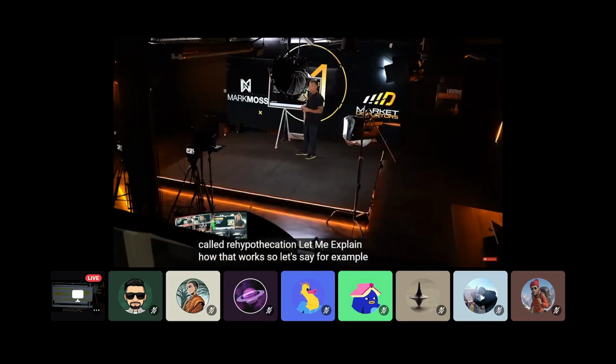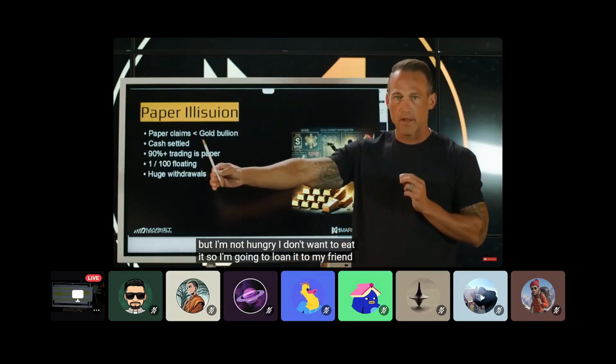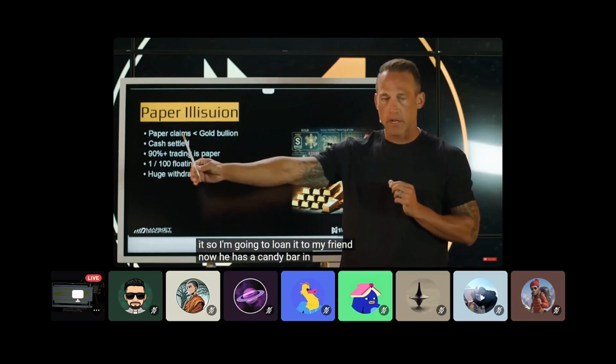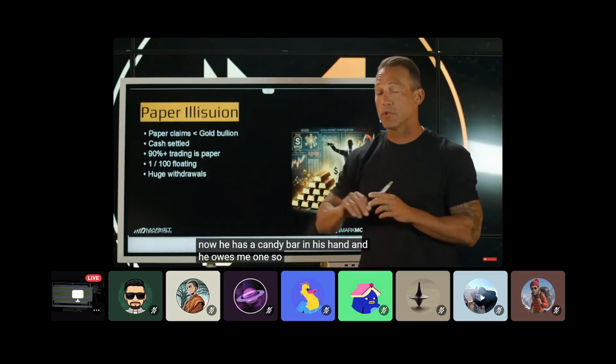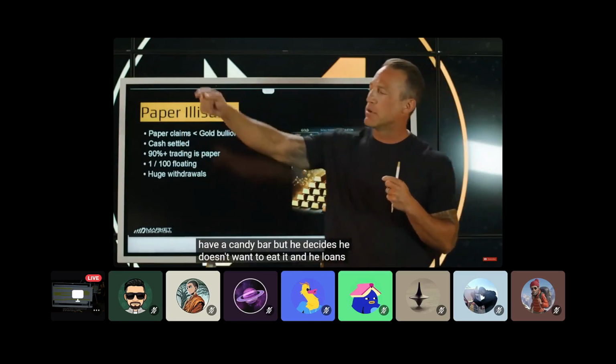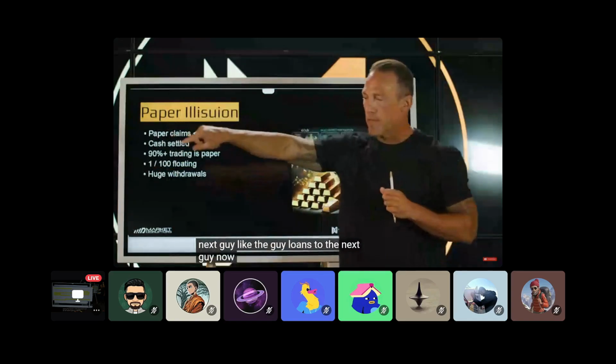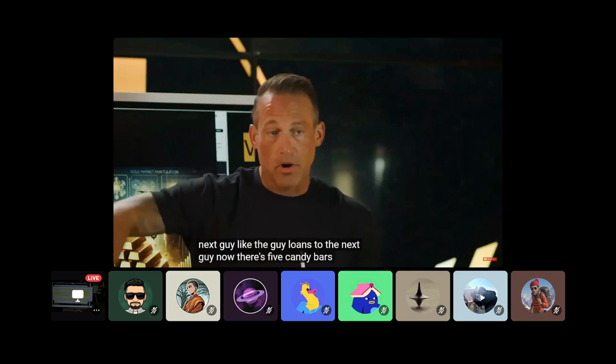So let's say, for example, for easy use cases, I have a candy bar, but I'm not hungry. I don't want to eat it, so I'm going to loan it to my friend. Now, he has a candy bar in his hand, and he owes me one. So on my books, I still have a candy bar. But he decides he doesn't want to eat it, and he loans it to the next guy. That guy loans it to the next guy, and that guy loans it to the next guy. Now, there are 5 candy bars in existence.